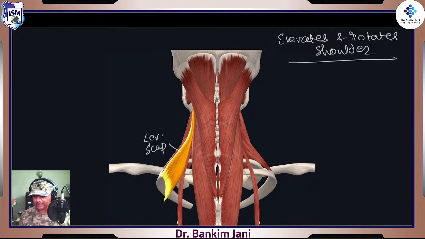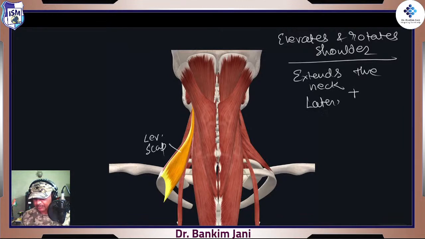So when it contracts, it can extend the neck, plus it is for lateral flexion. Why is it really doing this? The entire answer lies in where it is connected from.